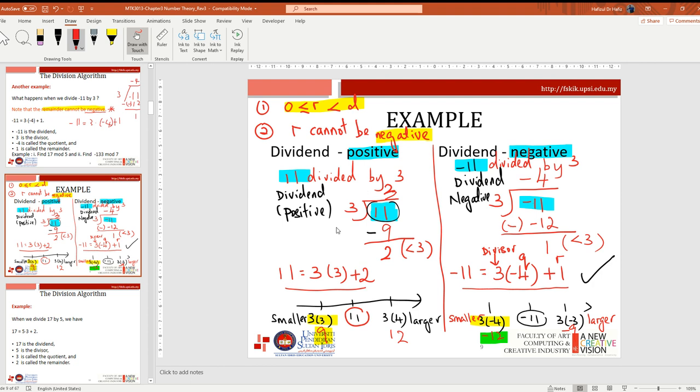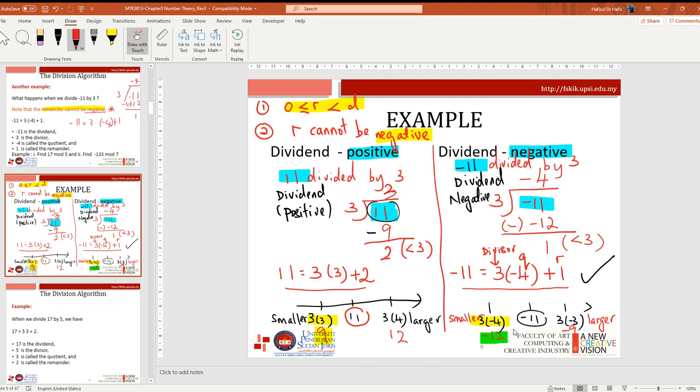For the positive, you can see this one is positive. And for the dividend negative, this one is negative.